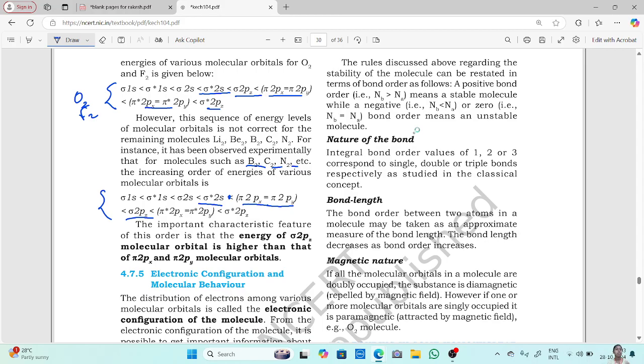So the basic difference between O2, F2 and other molecules is that in O2, F2 your sigma 2pz comes first, then your 2px and 2py. The important characteristic feature of this order is that the energy of the sigma 2pz molecular orbital is higher than that of the 2px and 2py molecular orbitals.